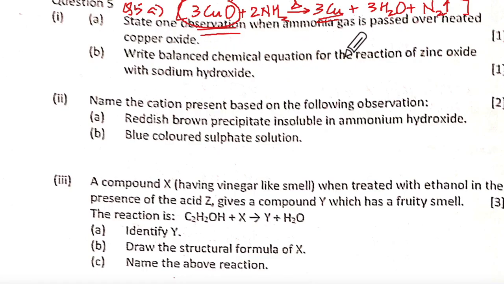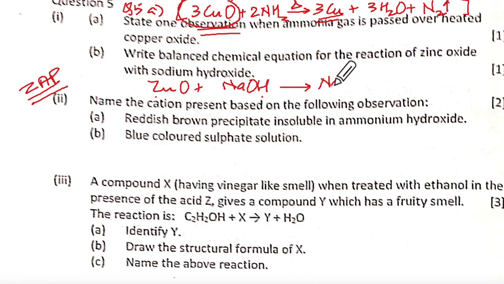Write the balanced chemical equation for ZnO plus NaOH. The moment you say alkali and a base, remember ZAP. Base with amphoteric oxide will give you a complex salt, Na2ZnO2, and water. If it was a metal oxide with acid, I would have got salt and water.